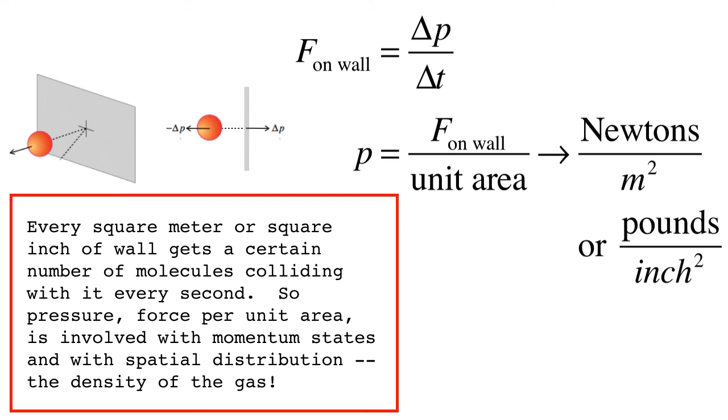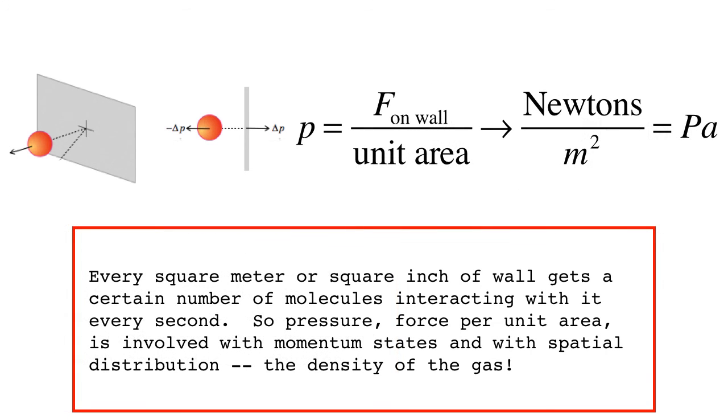The other thing that it has to do with is the spatial distribution of molecules. In other words, how many of them are actually adjacent to the wall? So the density of the gas encodes this: every cubic centimeter of volume adjacent to the wall is going to have a certain number of molecules in it, and a bunch of those molecules are going to ricochet off the wall and give you a bunch of delta P's.